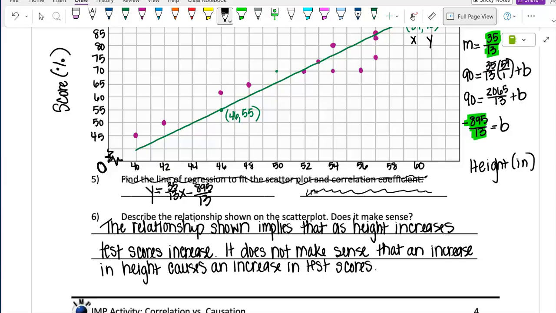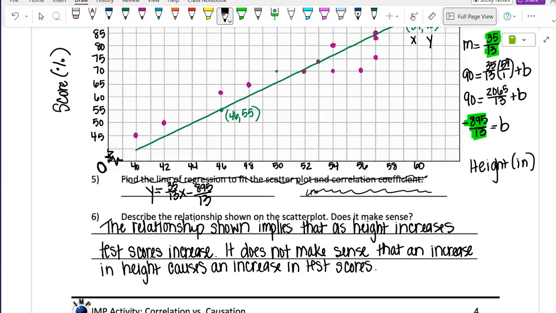And we're going to get to a question in a little bit where it's going to ask us, what do we think could be an independent variable that would cause that dependent variable of test scores? So we'll get to that in a moment. So that sums up that third one.